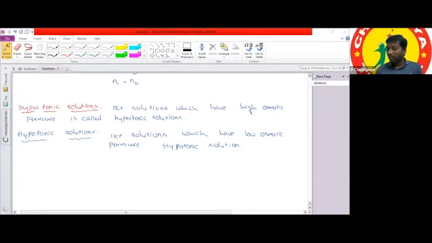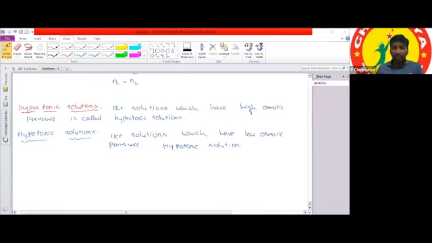When the plant cell is placed in a hypotonic solution, the solvent flows from the hypotonic solution into the plant cell. The size of the cell increases, meaning the cell swells. Whenever the cell swells, that is what we call hemolysis.